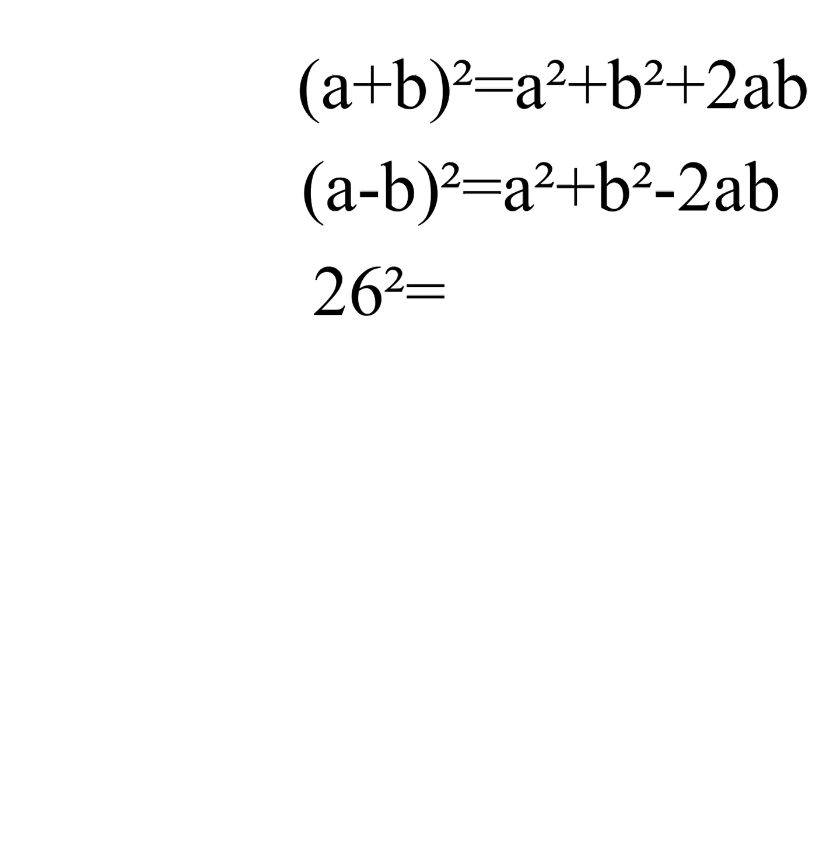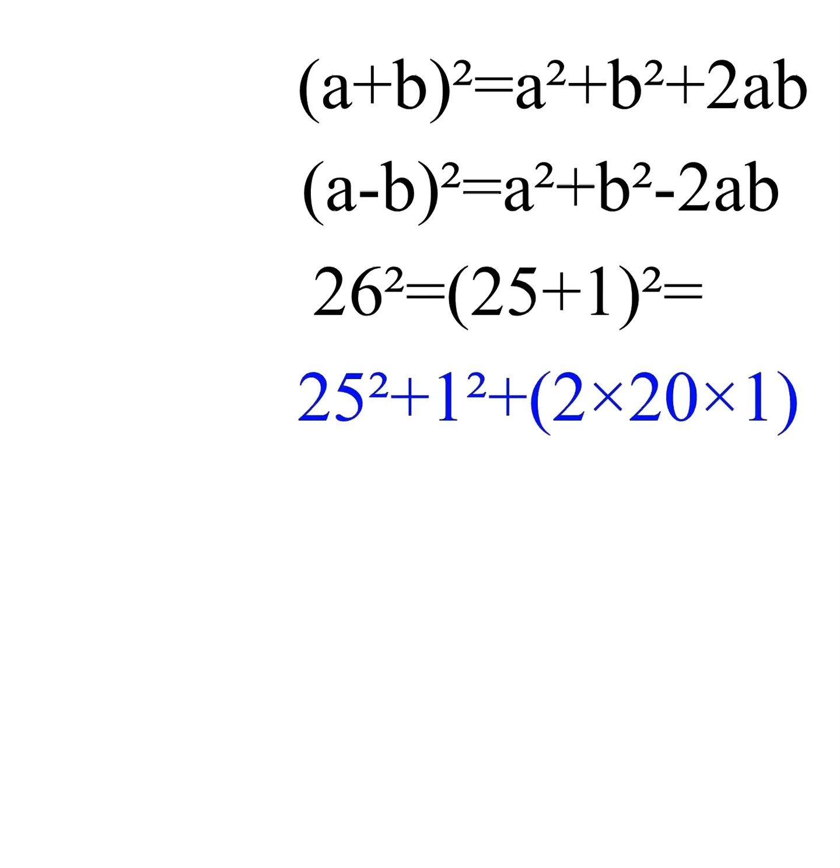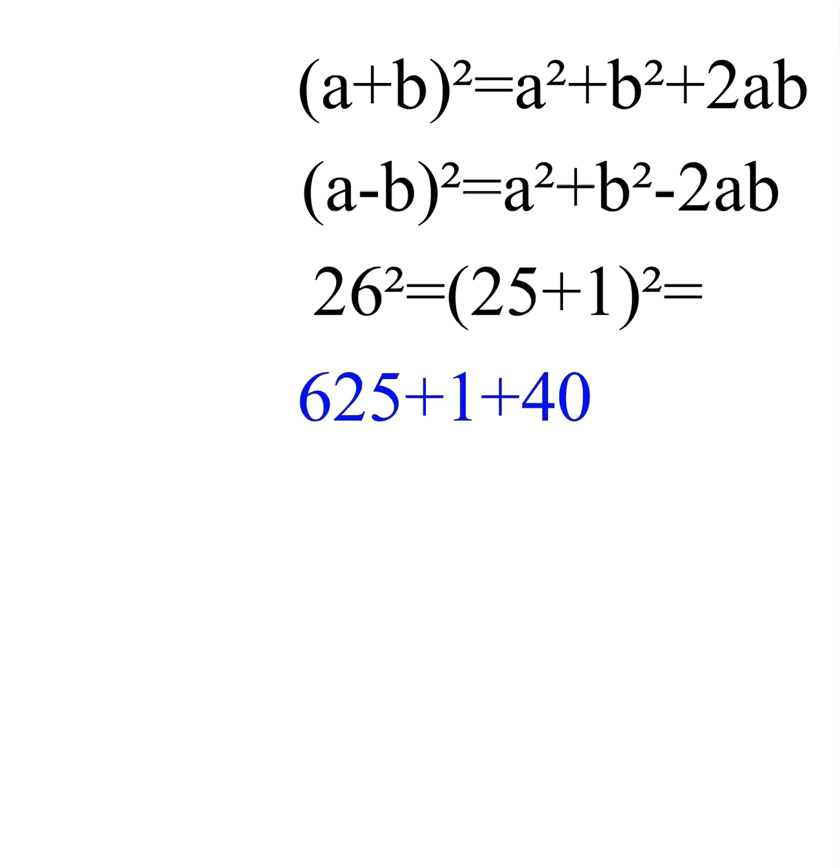Equals 25 plus 1. So we could use the first identity above, in which a equals 25 and b equals 1. So that would be equal to this according to the identity. And all we need to do is calculate the sum, which is easy.